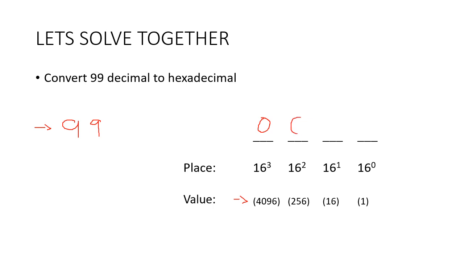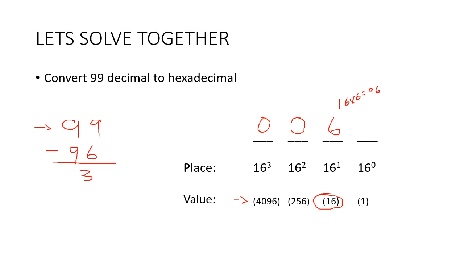So we're going to put another 0 in the 256's place. However, 16 is a number that can go into 99. 99 is divisible by 16, and it's divisible 6 times, because 16 times 6 is 96. So we're going to take that 96 and subtract it from our original number.